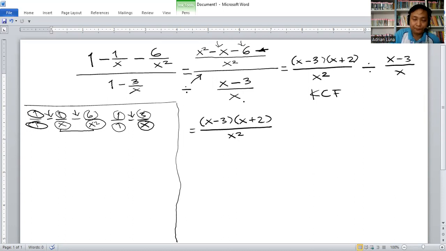We retain that, followed by C, change the operation from division to multiplication. And the last, F, flip the divisor, or look for its reciprocal. The denominator becomes the numerator now, and the numerator x minus 3 of the divisor will be the denominator of this.